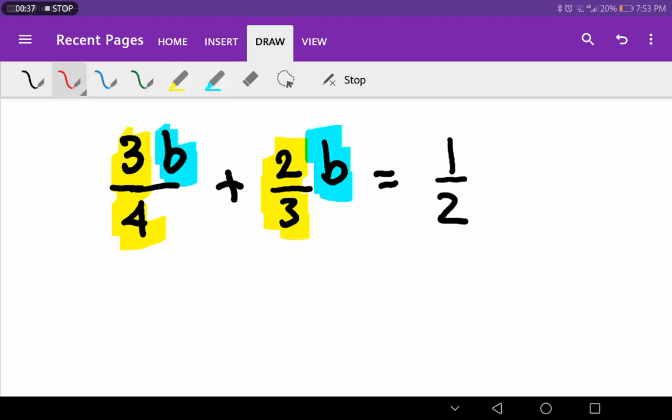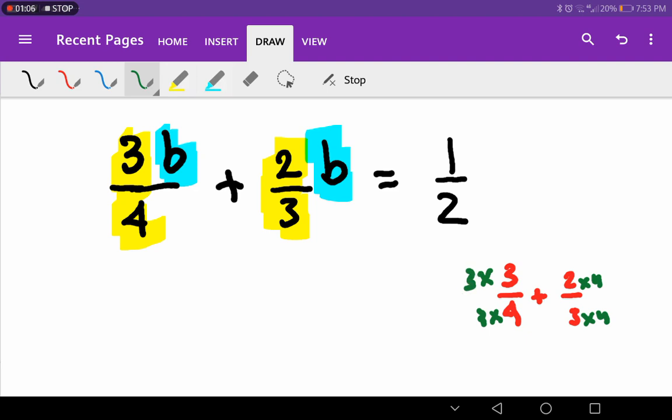You remember 3 over 4, I will take it beside here, plus 2 over 3. As you know, we find the common multiple between the 3 and the 4 by multiplying this by 4 and this by 4, and this by 3 and this by 3.